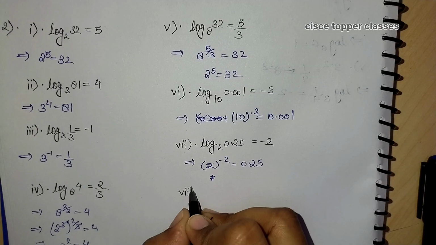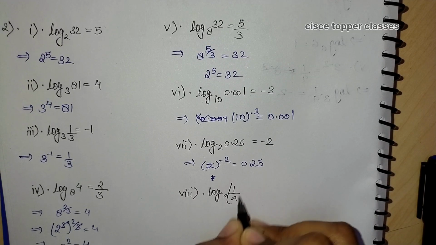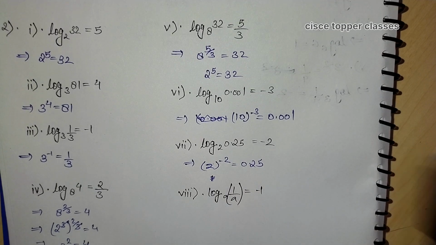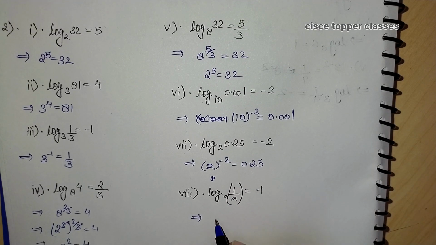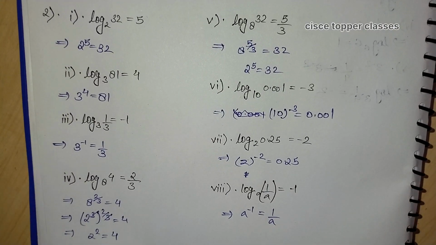Now we have 8th part as log of 1 by a with base a is equal to minus 1. We can write a to the power minus 1 as 1 by a. So this is the final answer, and this is the solution of question number 2 here.